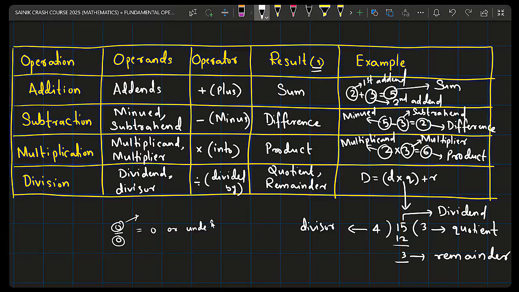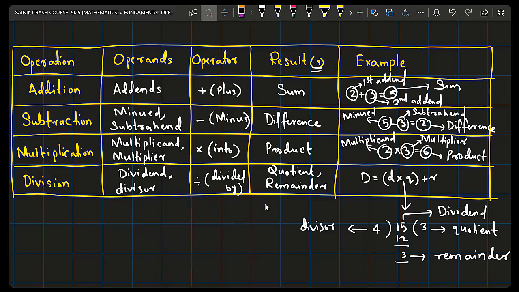So both are satisfied here. Numerator is 0, denominator is 0. We want to write whether 0 or undefined, and we get confused. That means we cannot determine. That's why this form is called indeterminate form. Okay, Mayuk?